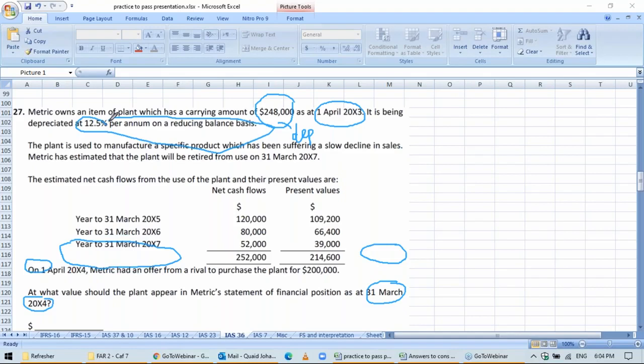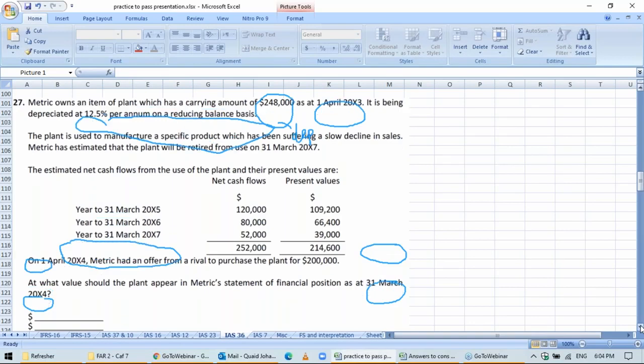And as I said, the carrying value of the plant should not exceed the asset's recoverable amount. Recoverable amount means the benefit which has to be received from the asset. We cannot show the asset at a value which is more than the benefit to be received from the asset. So we will compare the carrying value with the recoverable amount, right? So the first step of ours is to calculate the carrying value and then the recoverable amount for comparison.